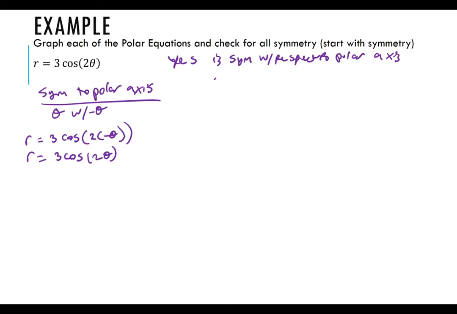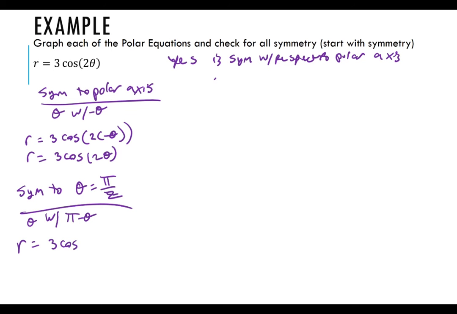Then let's test and see if it has symmetry to the y-axis, or symmetry to theta is equal to pi halves. So we're going to take and replace theta with pi minus theta. And so that's going to be r is equal to 3 cosine of 2 times pi minus theta.